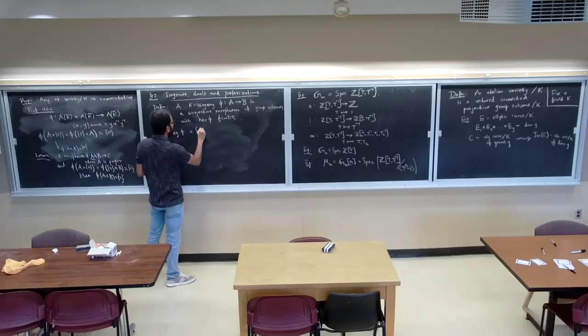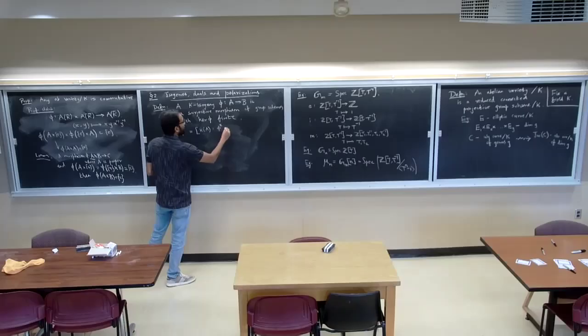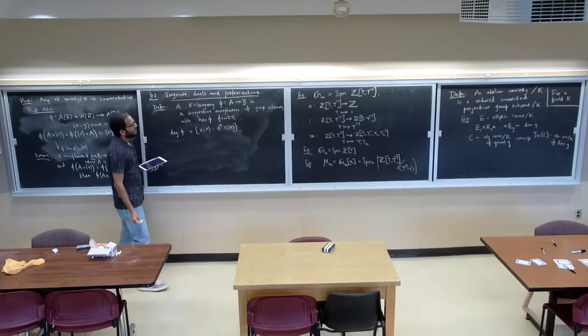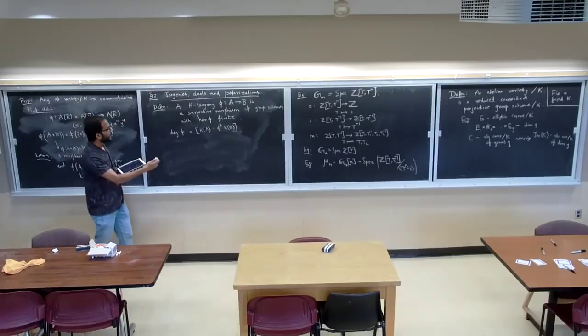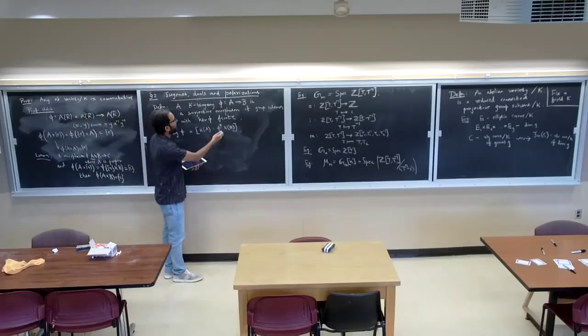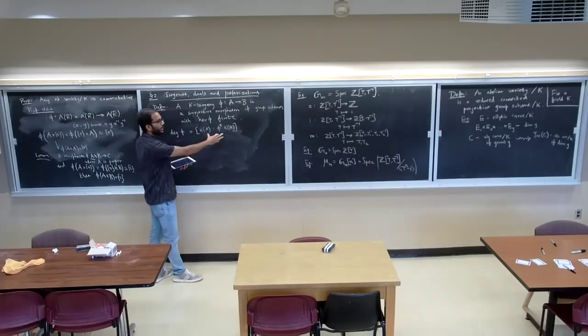So the function field of A is an extension of the function field of B. The function field of B sits inside the function field of A under the pullback map. And so you can just look at the degree of this field extension, and that is the way to define the degree of the isogeny.